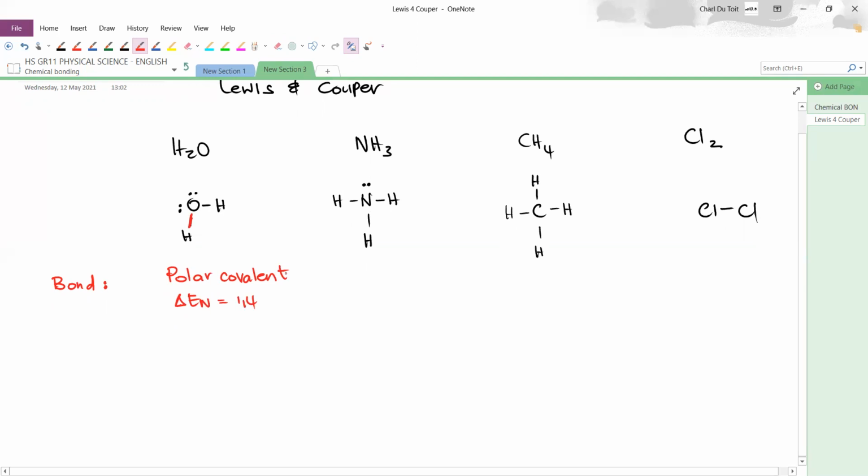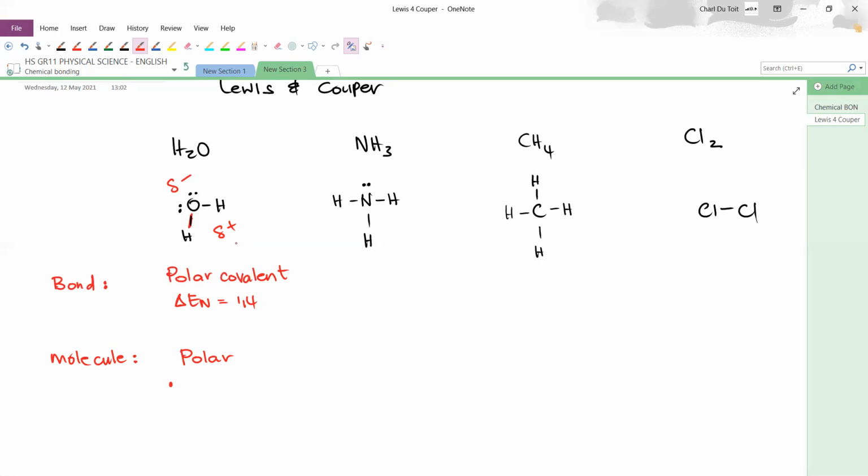Okay. Right. What about the molecule? Is the molecule polar or non-polar? The molecule is also polar. And why? Why is the molecule polar? It's about the distribution of charge, basically.